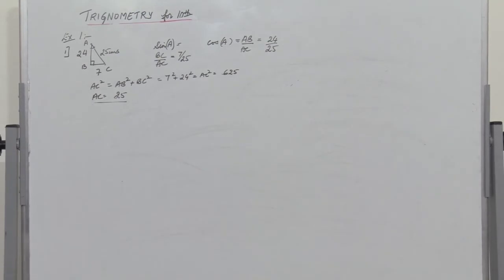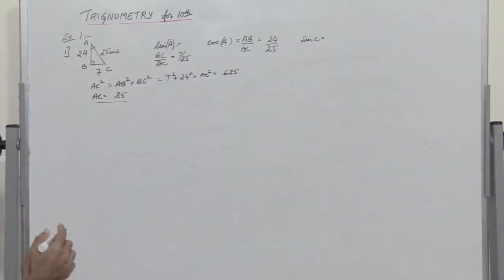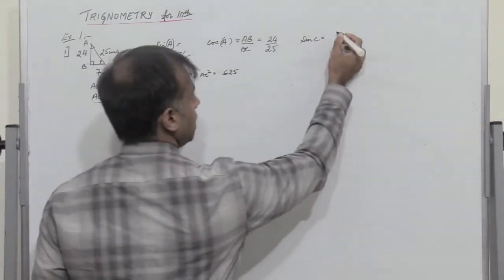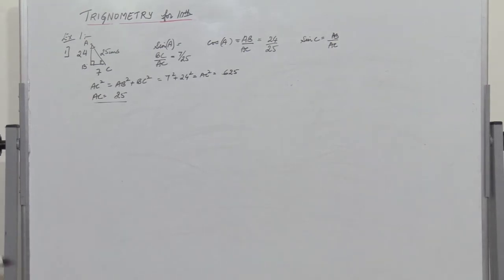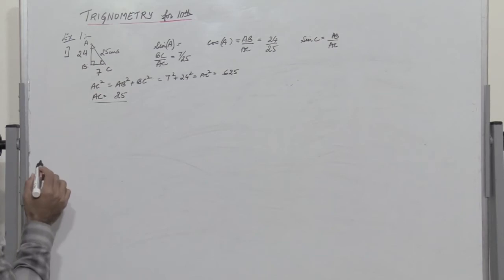Now we also need to define sine and cosine with respect to C. What is sin C? This is angle C. Opposite to C is AB, so sin C is AB divided by the hypotenuse AC.